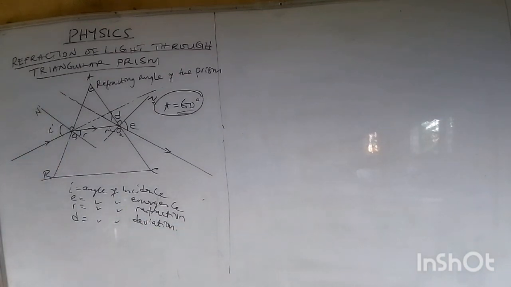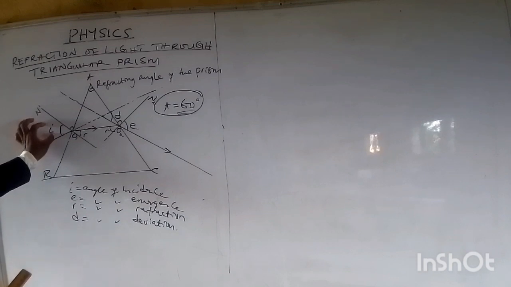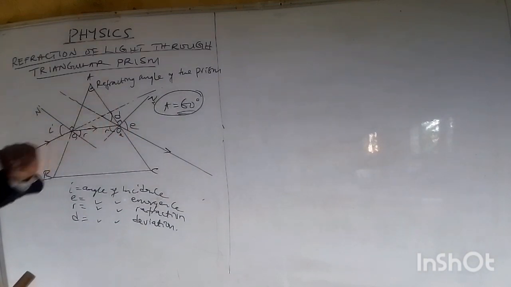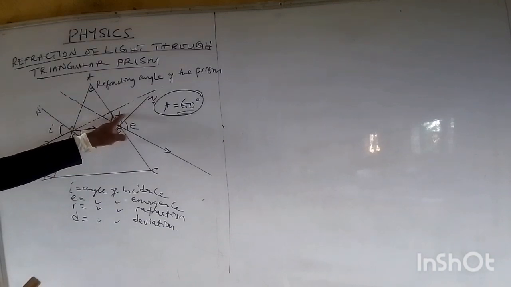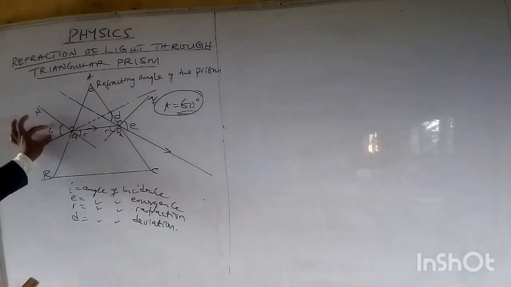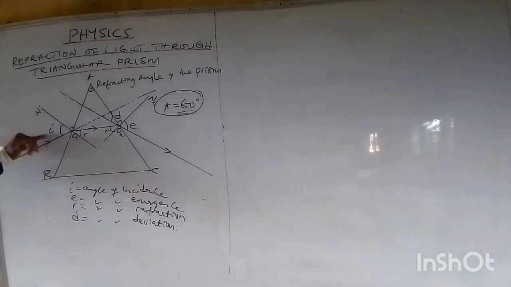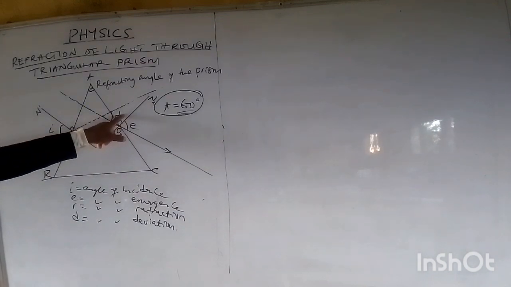Okay. Now I want us to know that I, E, and D work hand in hand. However, this deviation depends on the value of I. As you increase the angle of incidence, D will reduce.